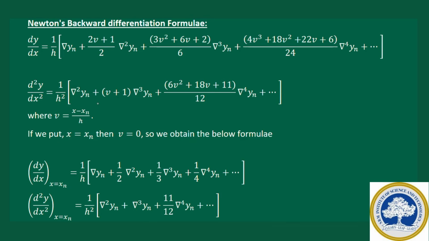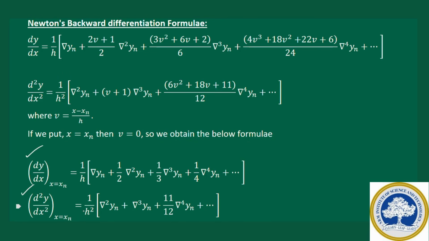From these two equations, we can reduce the formula still further by taking x equal to xn. When you put x equal to xn, v becomes 0. If you put v equal to 0 in dy by dx and d square y by dx square, we get these two formulas, dy by dx at x equal to xn and d square y by dx square at x equal to xn.